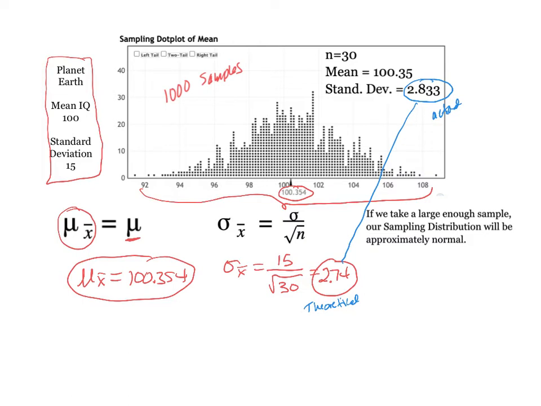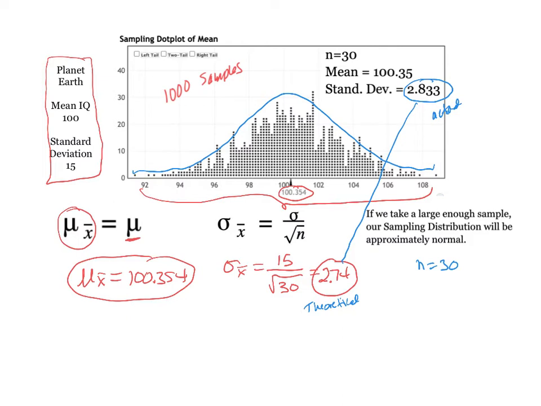Okay, and then it says if we take large enough samples, the sampling distribution will be approximately normal. Well, I have purposely sampled 30 so that this would be approximately normal. Now, IQs happen to be approximately normal in the population. So either way, this would have been approximately normal. Okay?